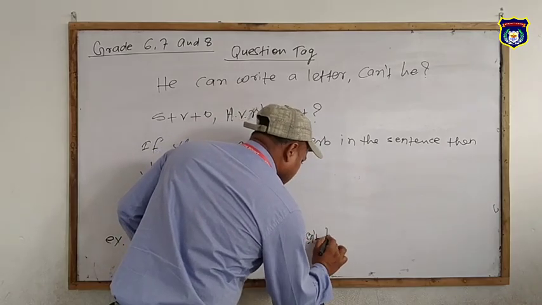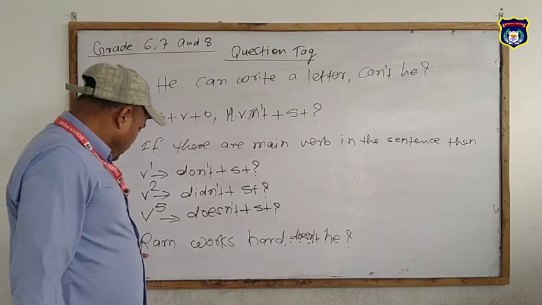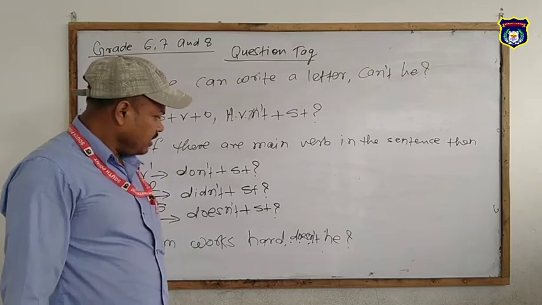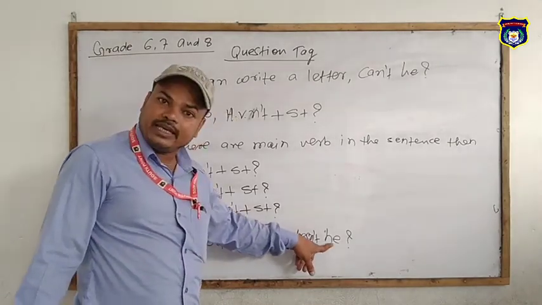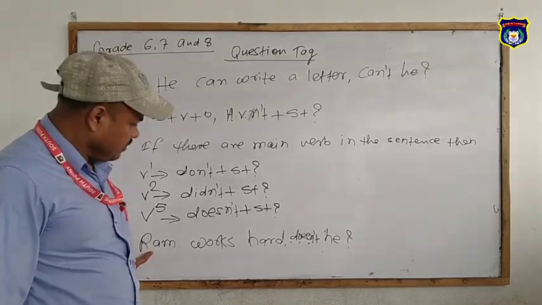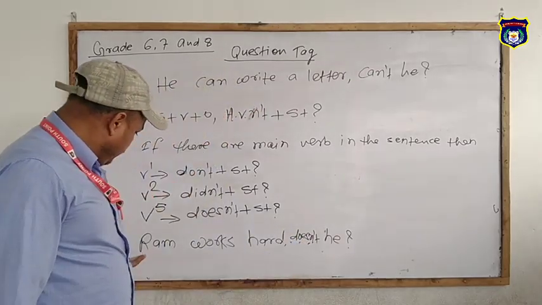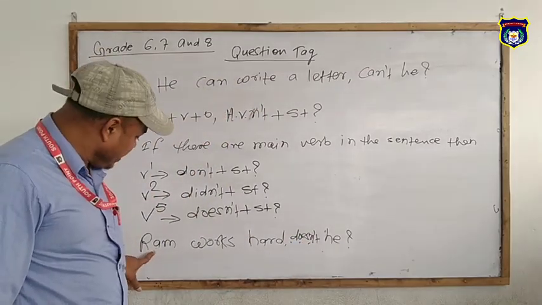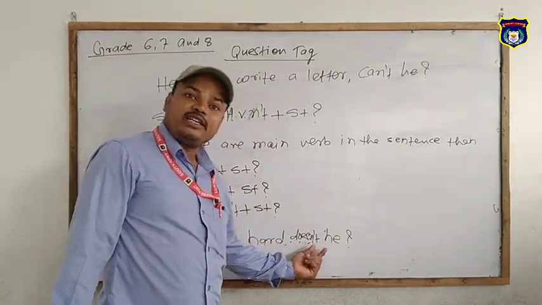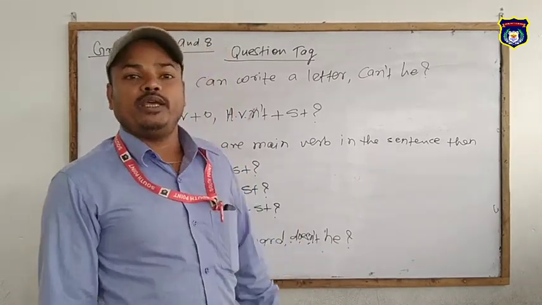So, doesn't he? If a singular masculine subject is given, then doesn't he. If a singular feminine subject is given, then the question tag is doesn't she. If a neuter gender or a thing is given as a subject, then the question tag is doesn't it. You should consider this while solving question tags.